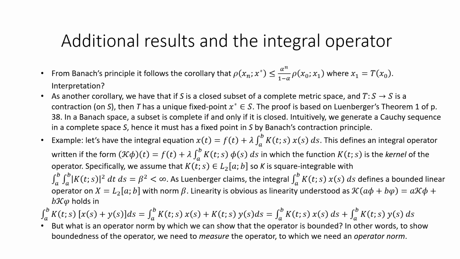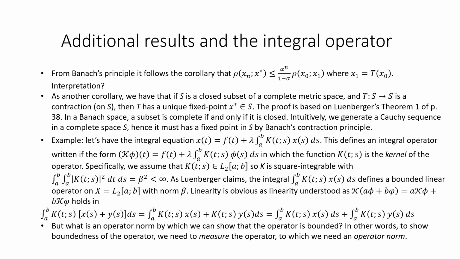And in this case, if we have a mapping on this closed subset, then the mapping has a fixed point on this subset. The proof is not too complicated, and it is based on theorem 1 of Luenberger that you can find on page 38 of the textbook.